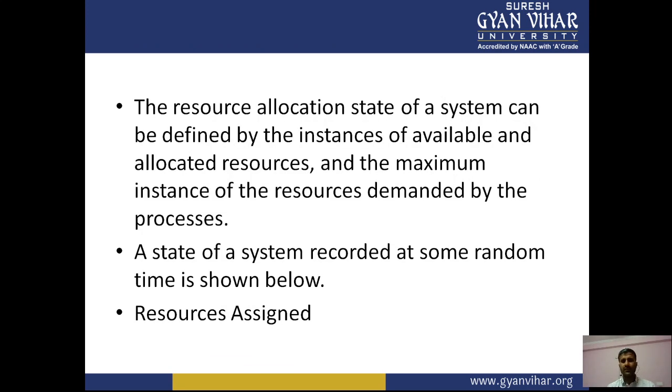The resource allocation state of a system can be defined by the instances of available and allocated resources and the maximum instances of resources demanded by the processes. A state of a system recorded at some random time is shown below.